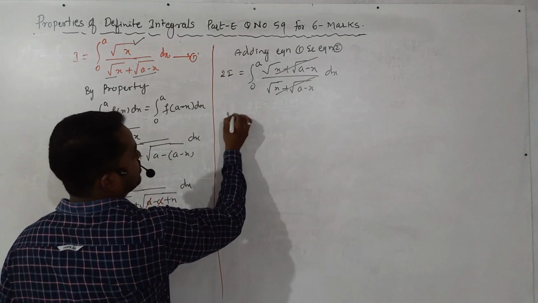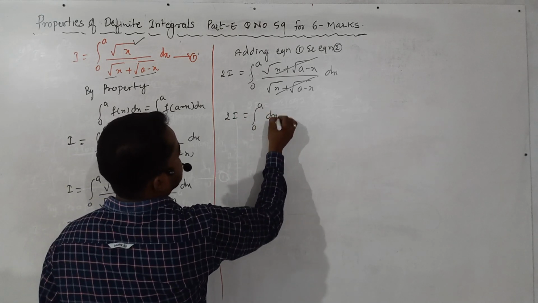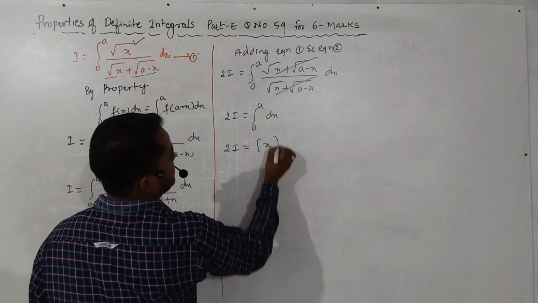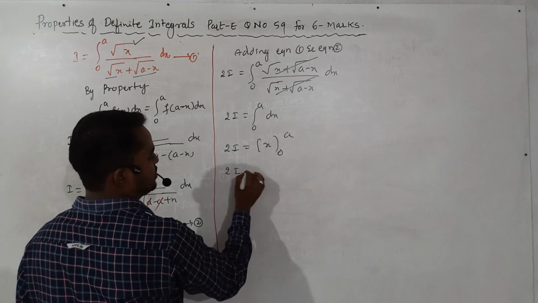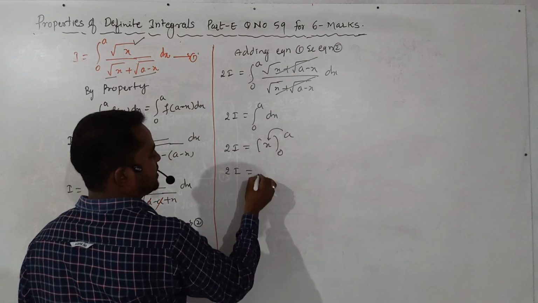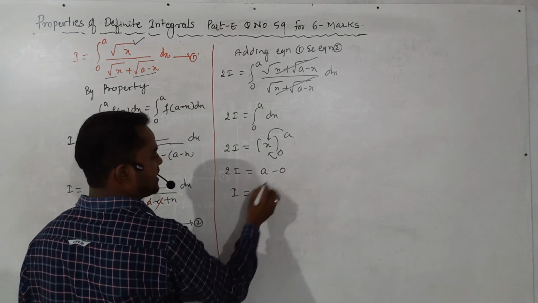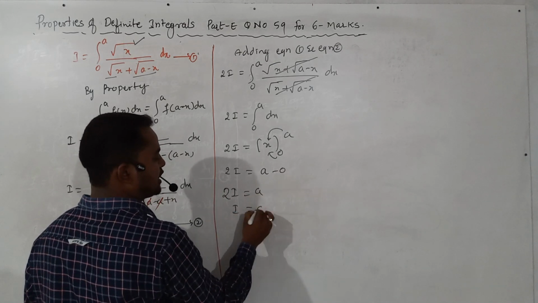Now 2I is equal to integral 0 to a dx. So 2I is equal to x between the limits 0 to a. Substitute the upper limit a, then minus the lower limit. Then a minus 0 means a. Then I is equal to a by 2.